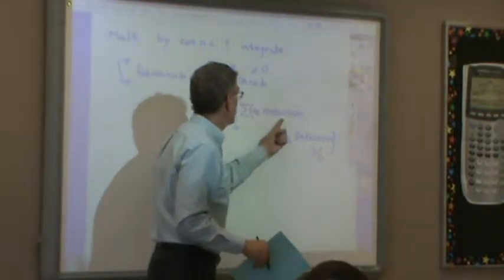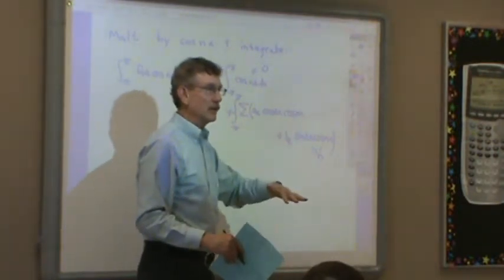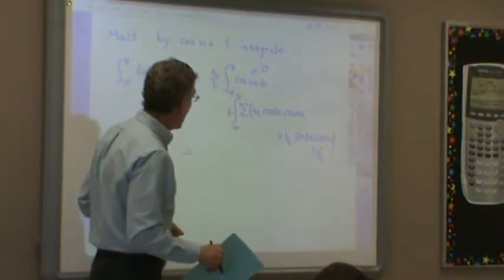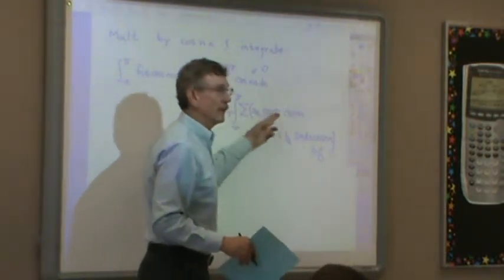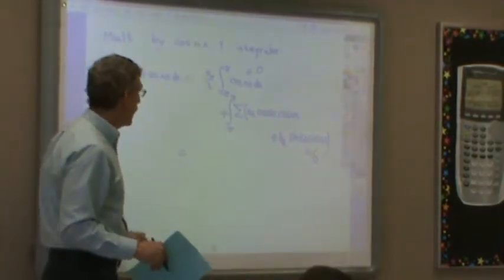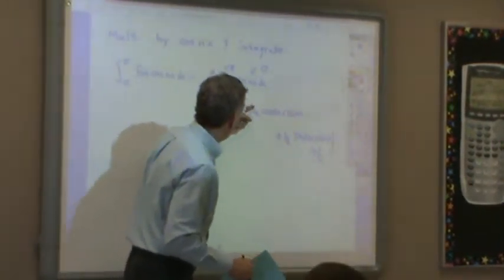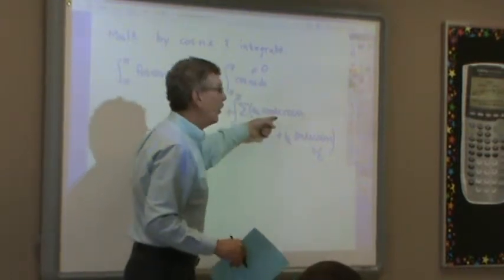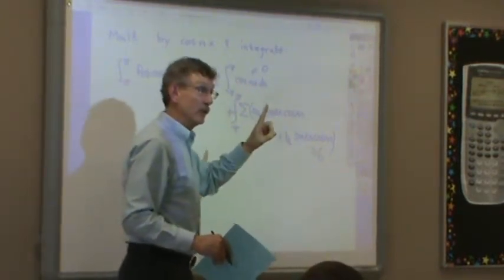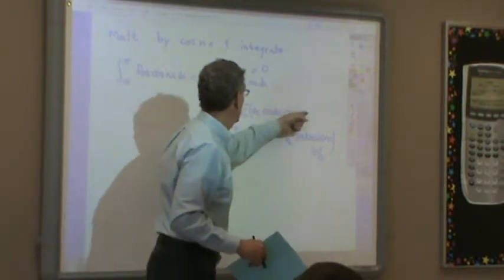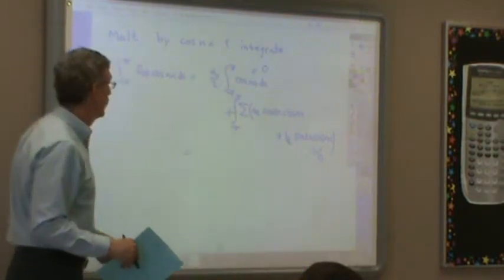How does that come out? When we integrated this, we did it in two separate cases. Okay, when k is not equal to n, this thing goes away, it's 0. When k is equal to n, you get pi. And so when you add up all of these terms, they're all zeros here, they're all zeros here, except one of them. So what term is left as a result of this whole integration?